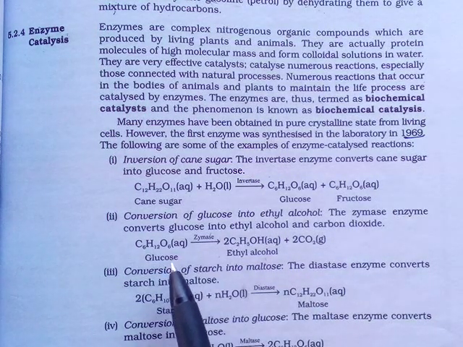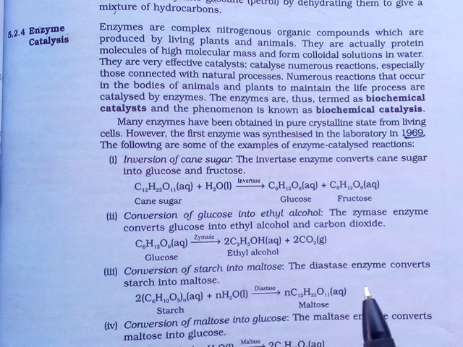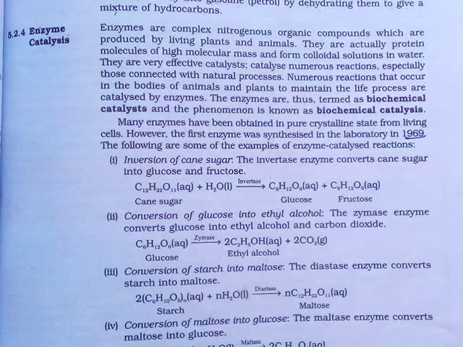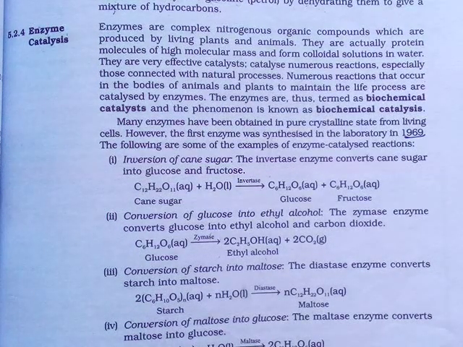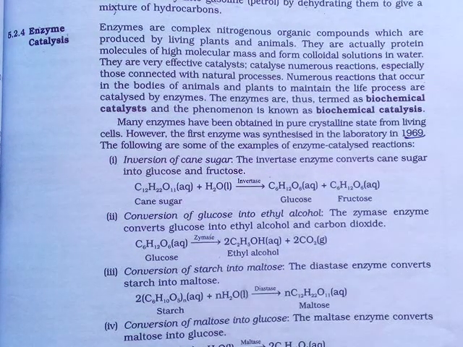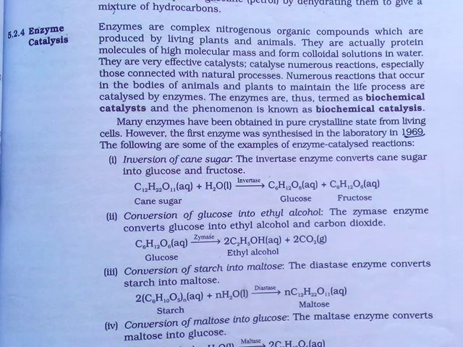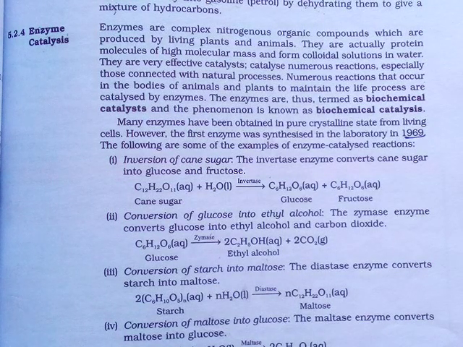Similarly, zymase converts glucose to ethyl alcohol and carbon dioxide. Similarly, there are other examples you can refer to. Maltase converts maltose to glucose. Urease converts urea to ammonia and carbon dioxide.